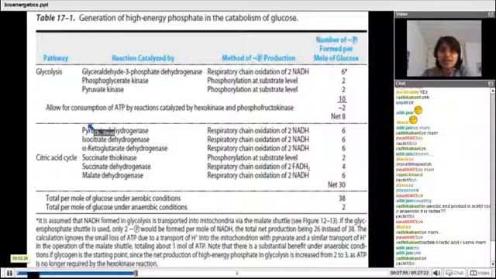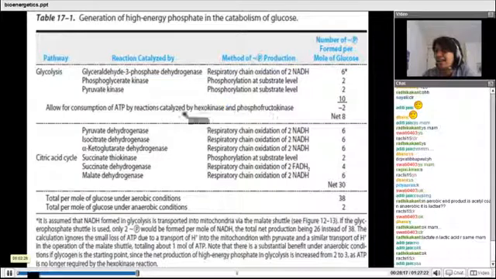In this chart, if you remember, at phosphorylation at substrate level, at the phosphoglycerate kinase step we got 2, and at the pyruvate kinase step we got 2. If you go back and look at the chart, you will know ATP at substrate level.